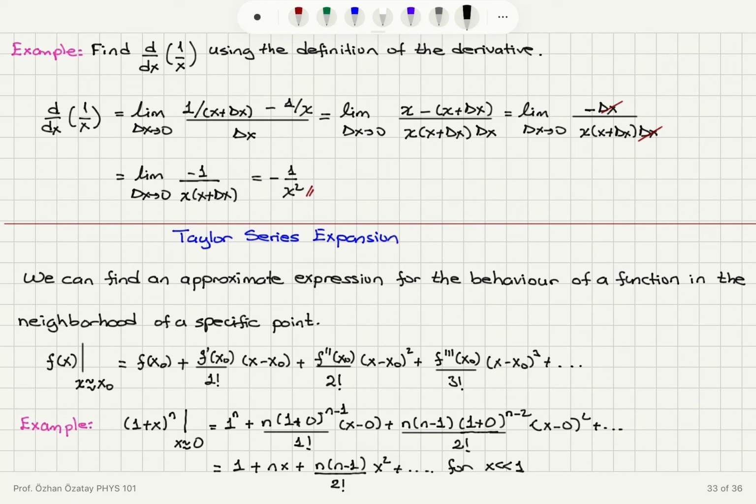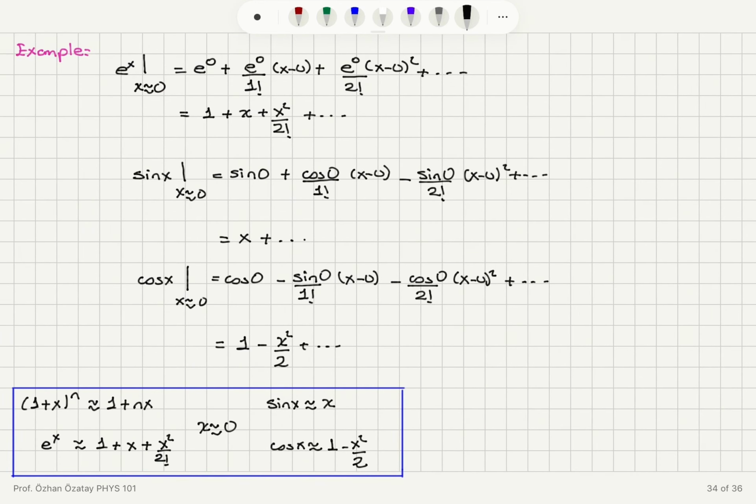The Taylor series expansion is something we use very frequently to find the behavior of a function in the neighborhood of a specific point. So we talked about how to calculate the behavior in the vicinity of a point. And some important Taylor series expansions for x equals 0 were considered.